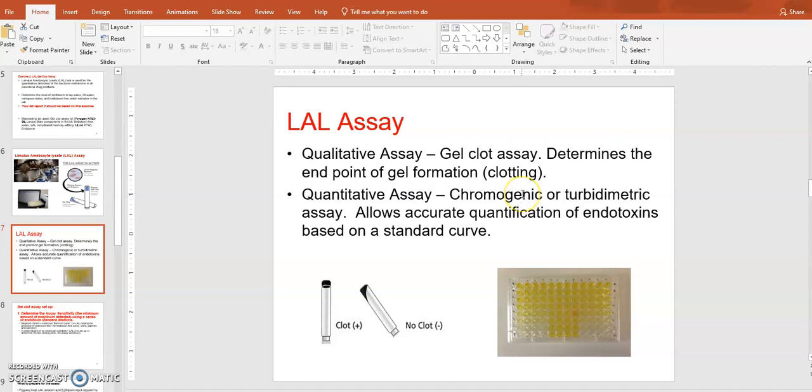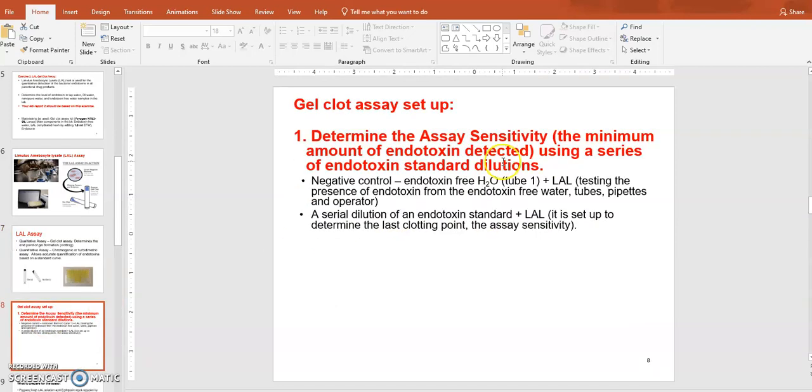So you can do a more sensitive, more accurate measurement if you have that device, spectrophotometry, as well as the chromogenic substance-conjugated LAL reagents. When you do a QC LAL assay at companies, normally they do this chromogenic substance-based assay that is more accurate.